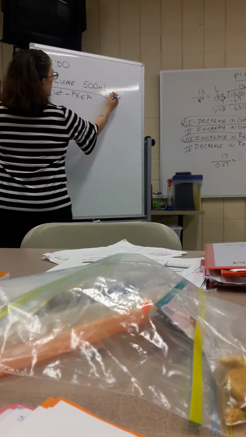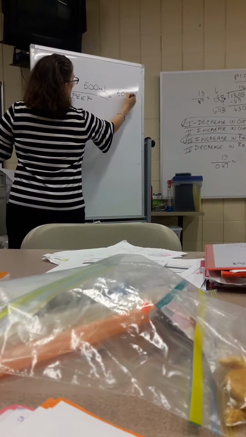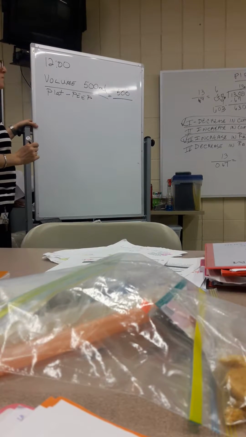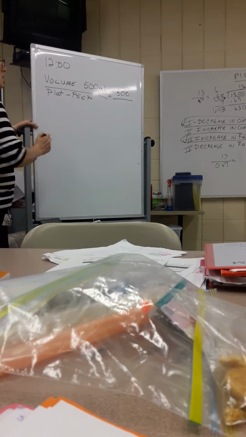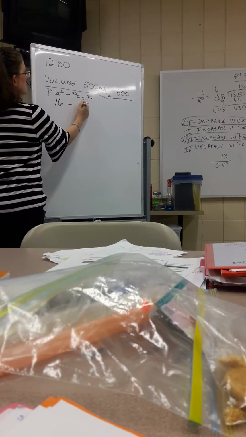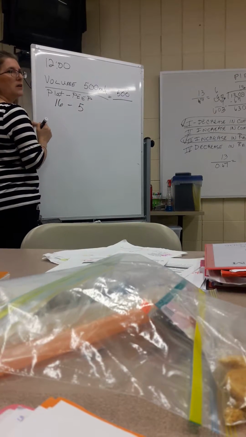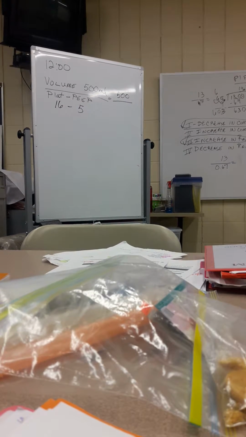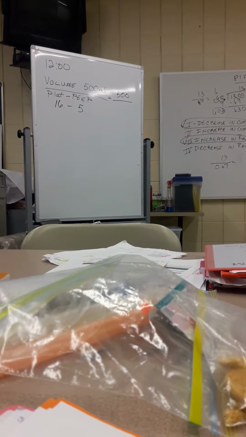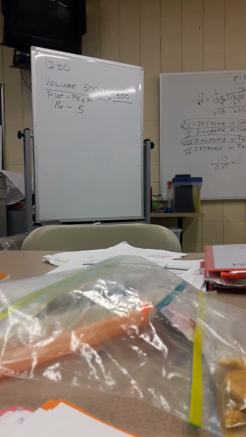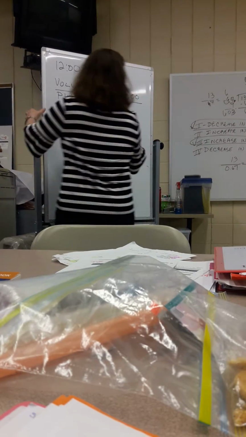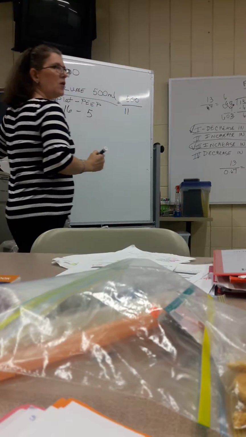So that means I've got 500 divided by 16 minus 5. Where are you getting those numbers? Right here, my data table. For 12 o'clock, plateau is 16, my PEEP is 5. So that is 11.